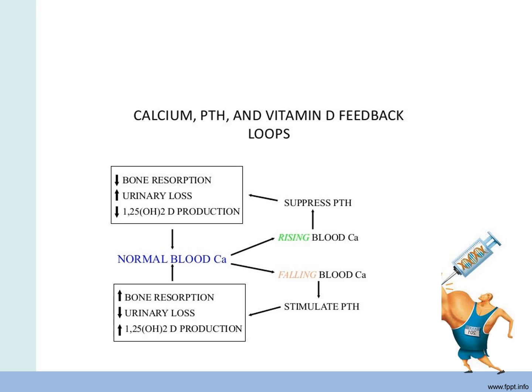And then if we go back to the normal blood calcium, the blue on the left side of the screen, and we follow that to the right, we have falling blood calcium levels stimulate PTH, increase bone reabsorption, decrease calcium urinary loss, and increase calcitriol production.